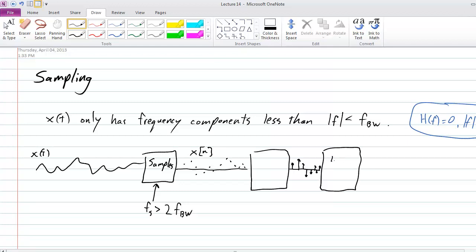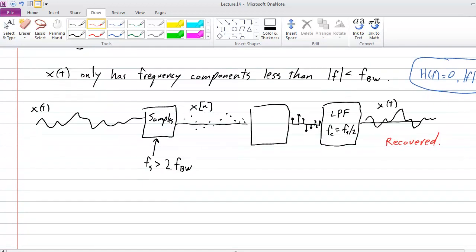And then we do a low-pass filter with the cutoff frequency Fc equals half of the sampling frequency, Fs over 2. Then what will come out will be our original signal, x of t, recovered.